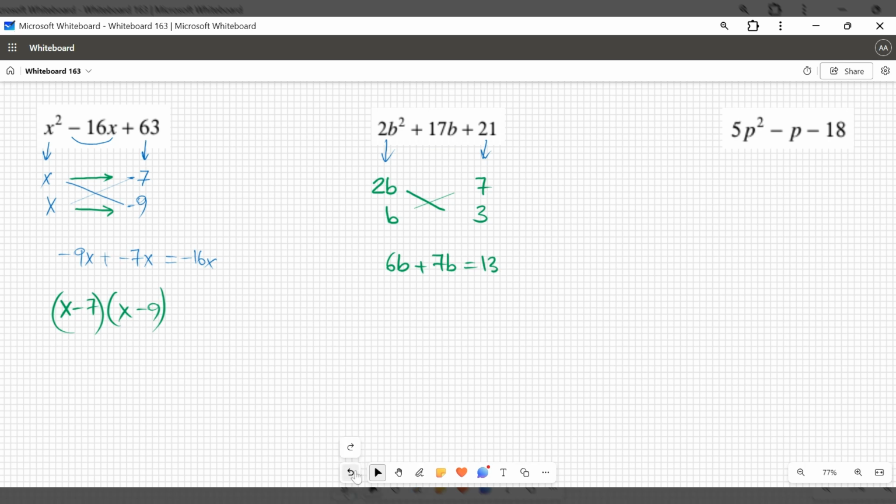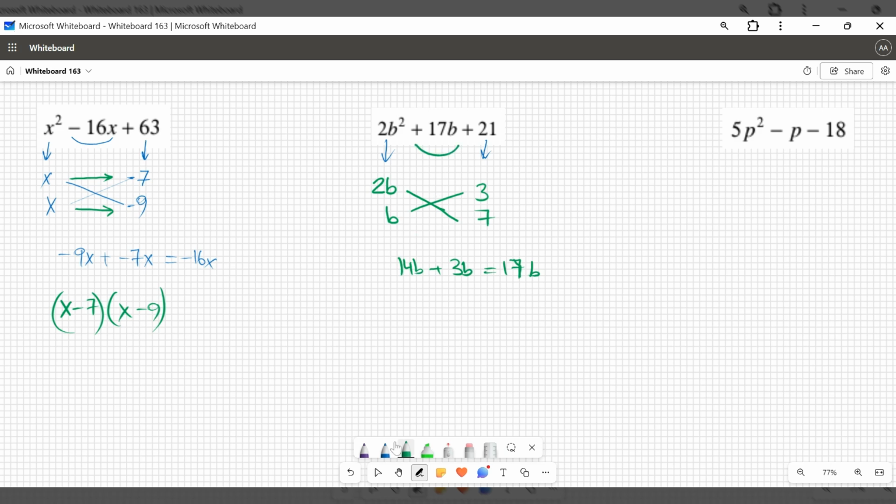So I try the other way around. So let's try 7 here, 3 here. Now let's cross multiply to test. It's going to be 14b and then 3b, both positive. So we add them, it adds up to 17b. Sorry about the tablet. 17b.